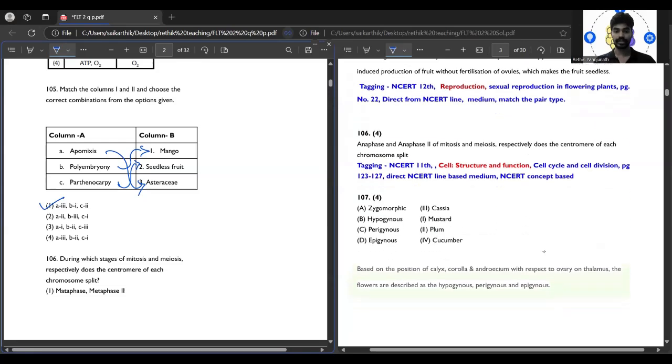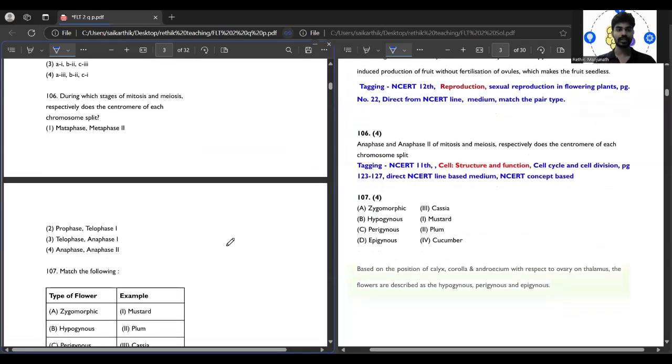So next we have 106. So what is 106 here? During which stage of mitosis and meiosis, respectively, does the centromere of each chromosome split? This is the question. So you know this answer.